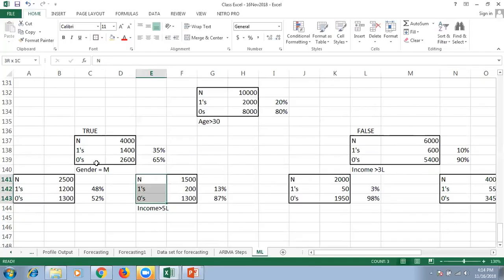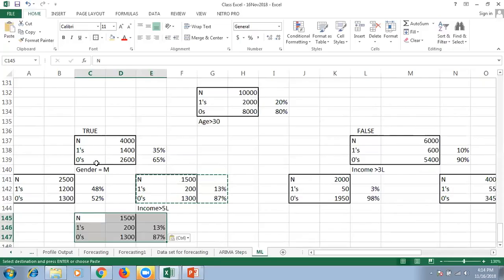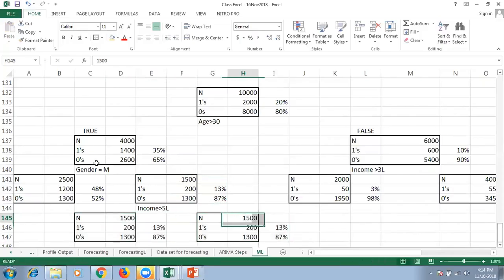With this income greater than 5 lakhs, if I look at this one, of the 1500 customers with greater than 5 lakhs, only 150 customers are there, and 1350 customers are there on the other side.